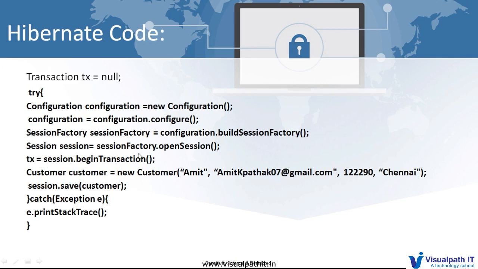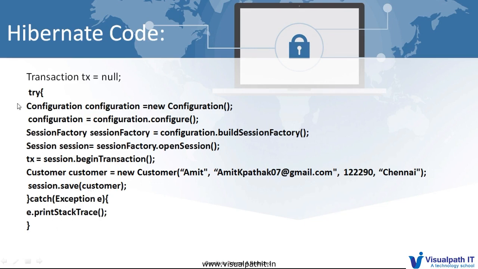Once the transaction is started, the connection is established and it is ready to save our object in the database through the persistence operation. Here I just created one customer object and called session dot save, so the customer object is saved. If something happens during that, an exception will be thrown here.